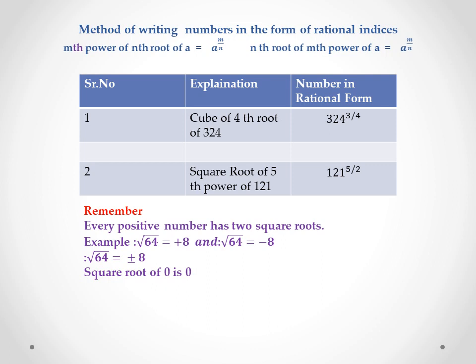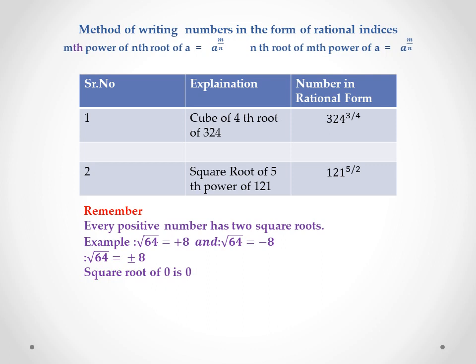Same type of two examples for practice I have given. Cube of fourth root of 324. Cube of means cube is the numerator 3. Fourth root means upon 4, and whose is it? 324. Then how to write? 324 raised to 3 upon 4. Cube of fourth root means 3 upon 4 of 324. 324 raised to 3 upon 4.